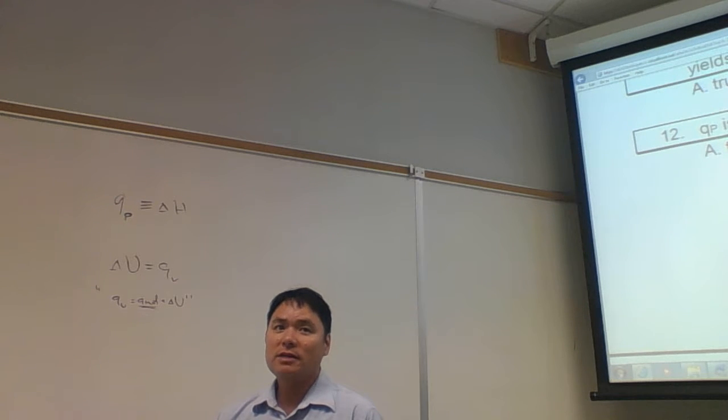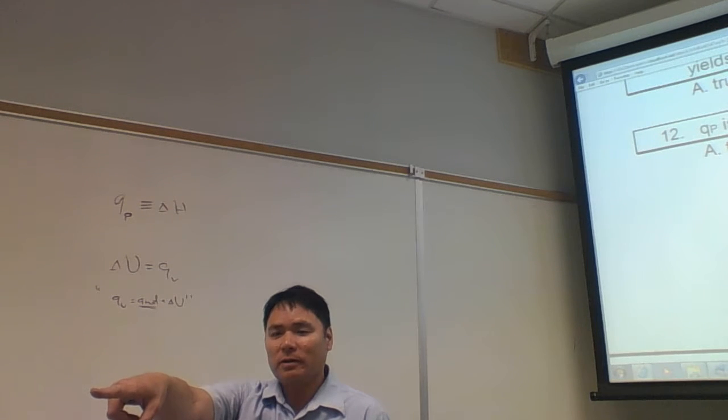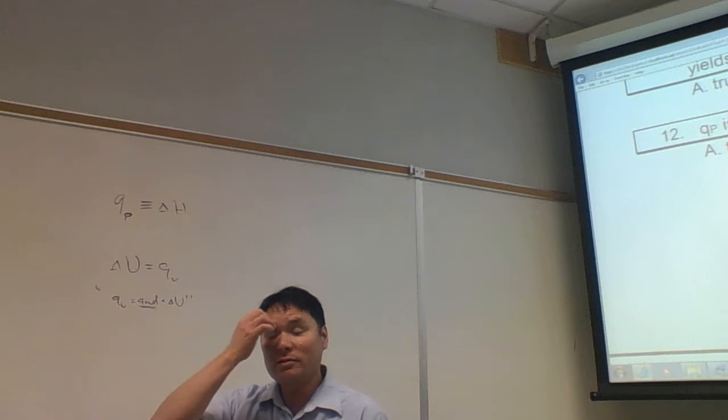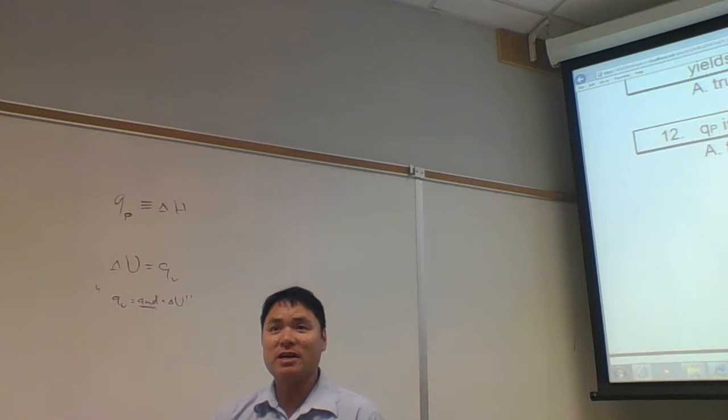But, for example, if you burn a mole of methane at constant pressure, you're going to have negative P delta V work, and you're going to get a certain amount of heat. Let's say you burn the mole of methane on a laboratory burner versus burning a mole of methane in one of those CNG vehicles, compressed natural gas vehicles.